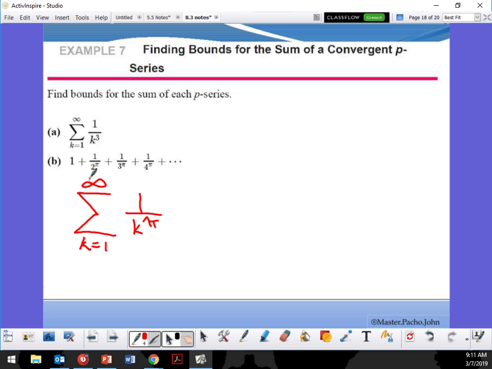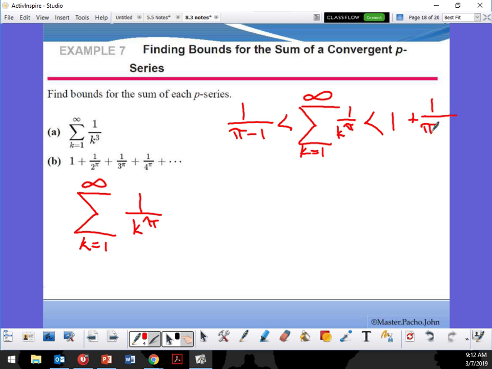1 over pi minus 1. Okay, so does it first satisfy my convergence? Is p greater than 1? Yes. Okay, good. So this is going to turn into 1 over pi minus 1.